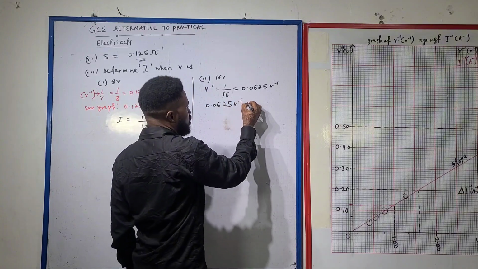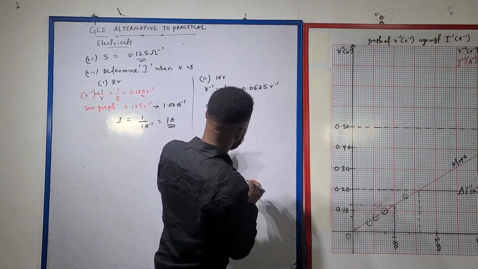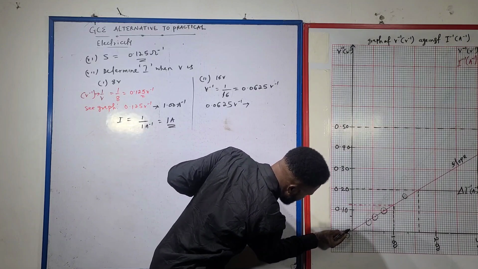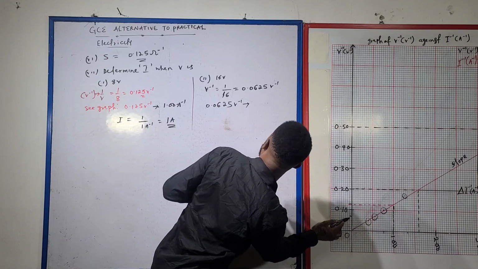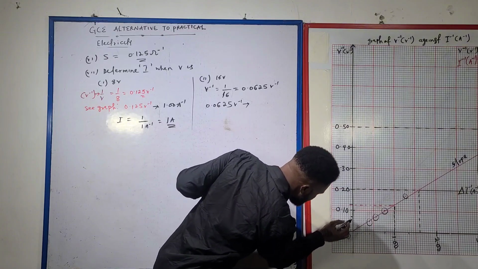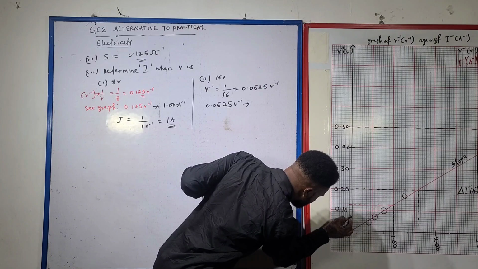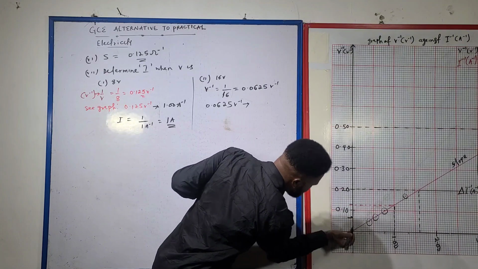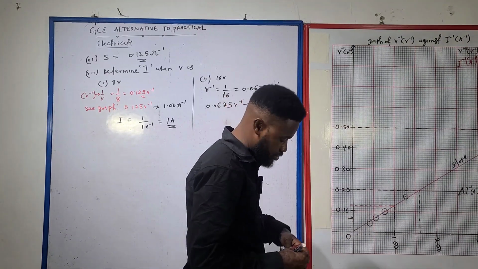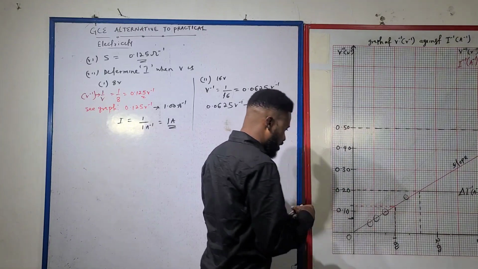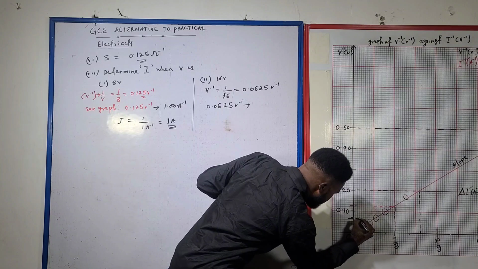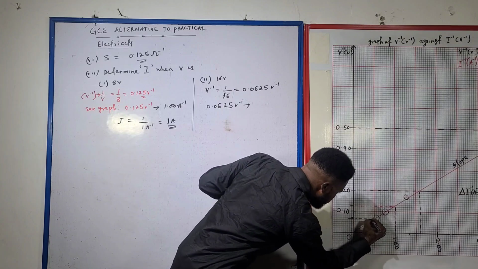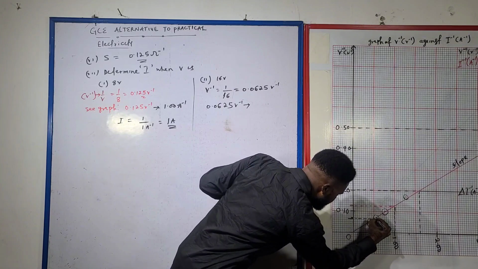Now let me see the graph for that. 0.0625 per volt. On my graph, what's that going to be, 0.06? Okay, this is 0.01, 0.02, 0.03, 0.04, 0.05, 0.06. So that should be somewhere around here.